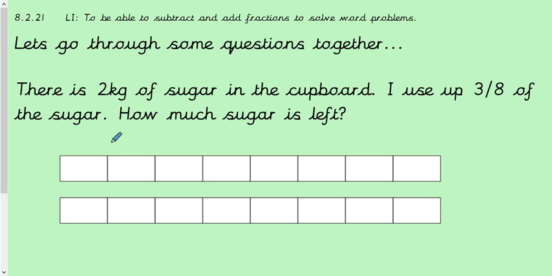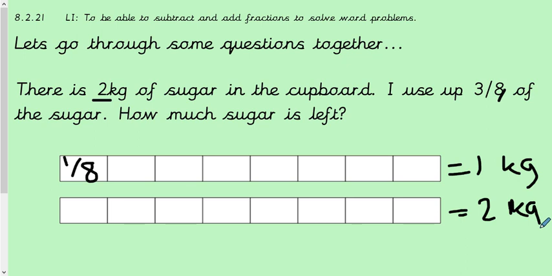So all I've done is draw 2 shapes because it's 2 wholes, and they are split into 8 equal parts because that is our denominator. So they're split into 8ths. So if I have 2 kilograms, and I'm taking away 3/8, then I can just cross them out. 1, 2, 3.